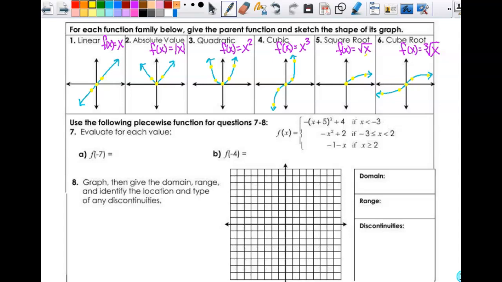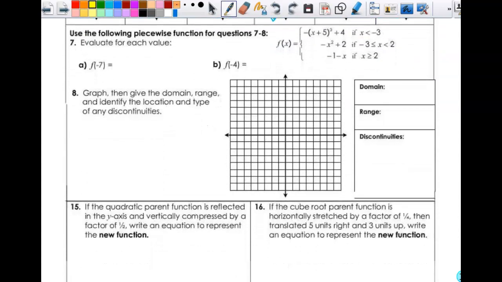All right, so then let's look at this piecewise. So the first thing we want to do is evaluate. So if I have f of negative 7, I have to look over here in my domains and figure out where negative 7 fits. Well, negative 7 is not greater than 2. It's not between 2 and negative 3. It is less than negative 3, so I'm substituting it into this one.